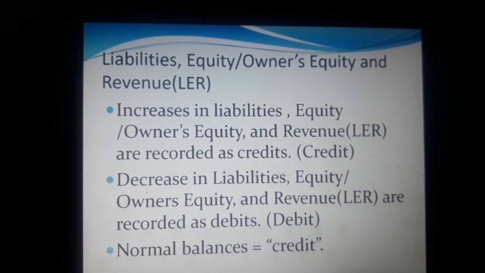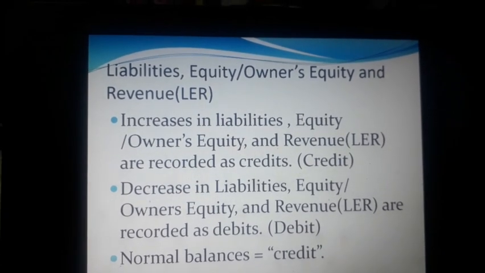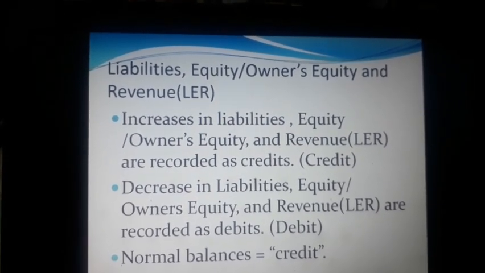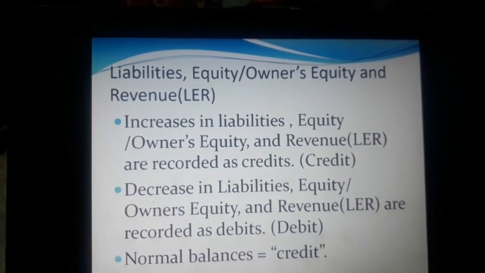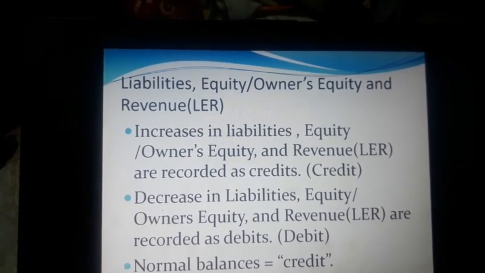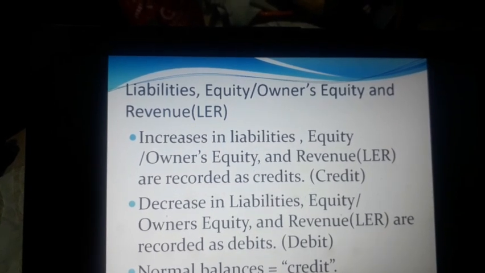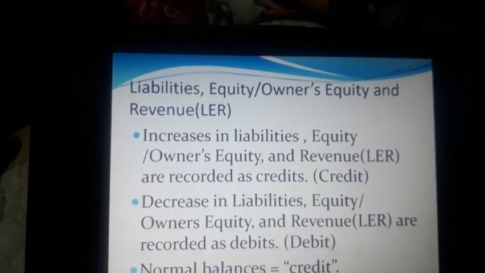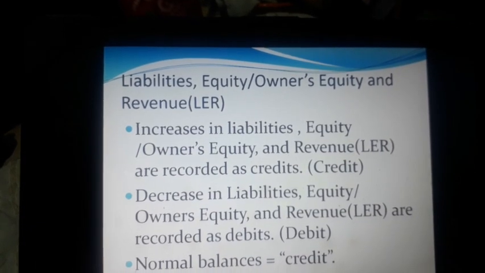So, dapat lang po nating tandaan ang ating magic word na DEALER para hindi po tayo masaktan. Para hindi po tayo magkamali sa ating debit and credit, because napaka-crucial po ng ating debit at credit sa paggawa ng ating mga financial statements.